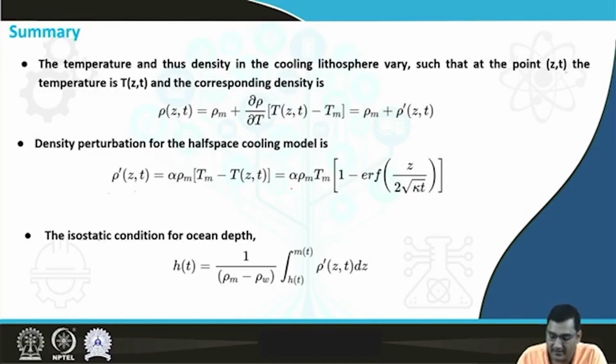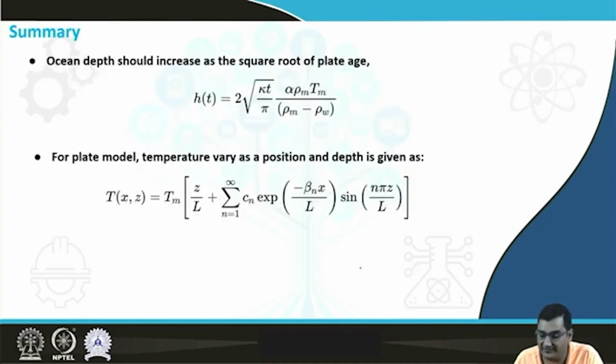The isostatic condition for ocean depth gives this expression, where you can see the depth of the ocean is represented by h(t) = 1/(rho m - rho w) integral of rho dash (z,t) dz. In this you have seen that the ocean depth basically increases as the square root of the plate age.